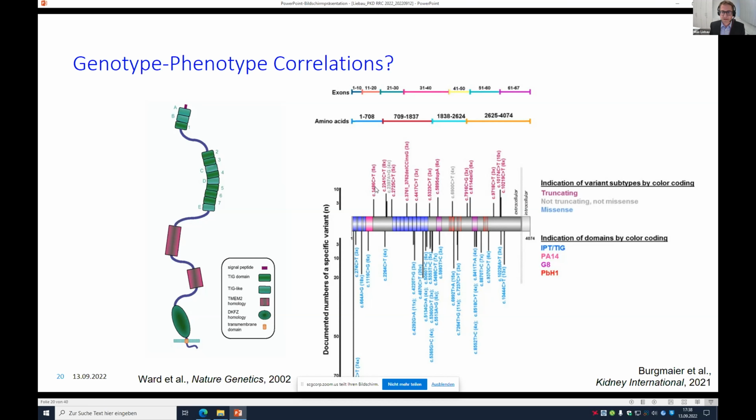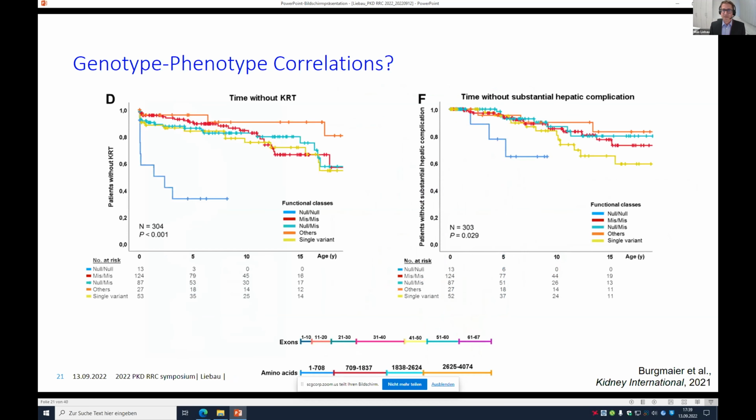Fitting to what others have found, we see that the truncating but also the missense variants can be seen all over the extracellular part of fibrocystin, with the more common variant T36M that was also previously found to be more common. So how does that relate to the phenotype?